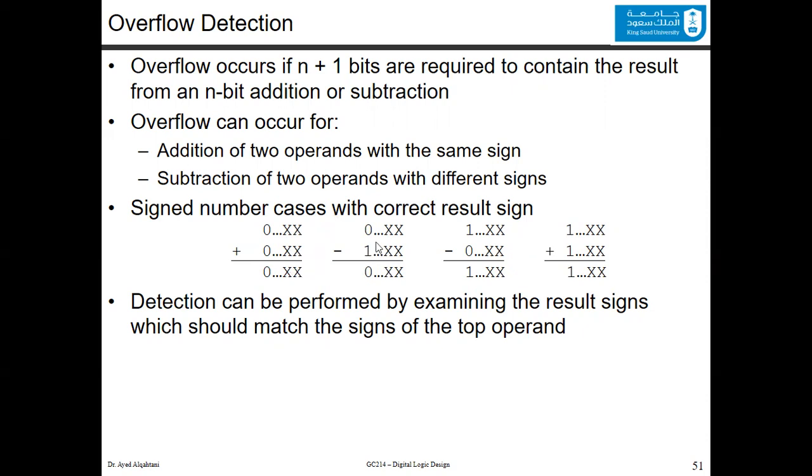Similarly, if you take a number that is positive and subtract it from a negative, and the result is a negative number, then it's okay, and the result is correct. If you do the subtraction between a negative minus a positive number, and the result is also negative, then the end result is also correct.